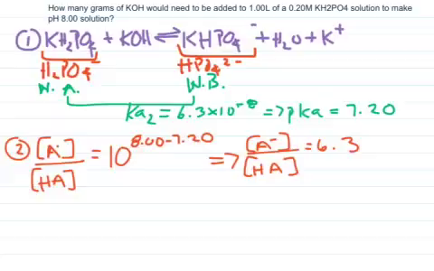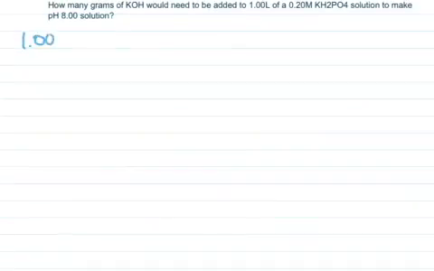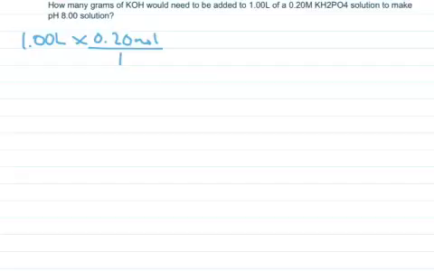My next step is to take the 1.00 liters and multiply it by the concentration of KH2PO4, and I'm going to get 0.20 moles of KH2PO4.